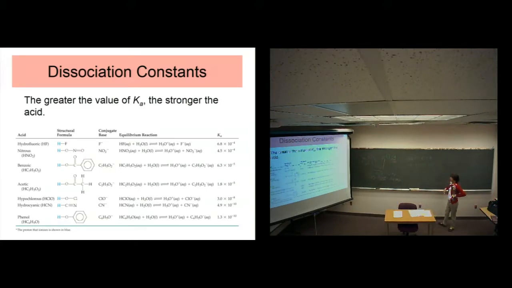So K is equal to, what would the first one be? These are going to be the same anyway. So it would be the concentration of H plus times the concentration of A minus over HA. There you go. And it's all to the power of 1, right? The 1 coefficients.